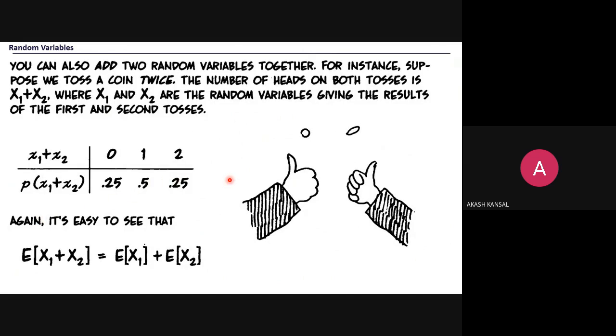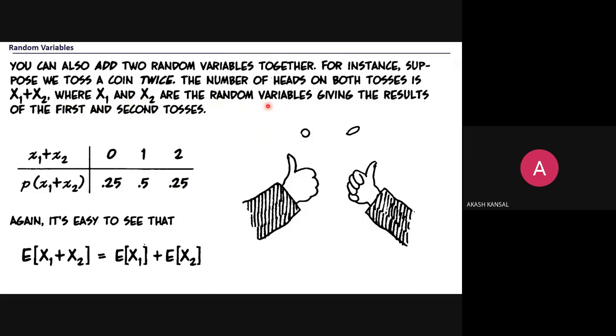Now, let's see how we can add two random variables together. For instance, we can think of tossing a coin twice. The number of heads on both tosses is X1 plus X2, where X1 is the number of heads on the first coin and X2 is the number of heads on the second coin. So the final random variable is just the summation of these two random variables.